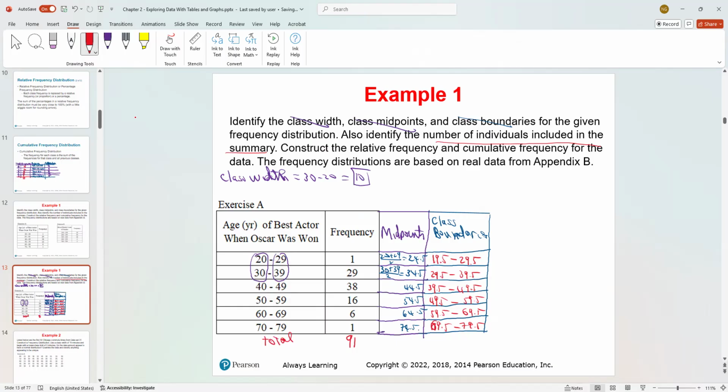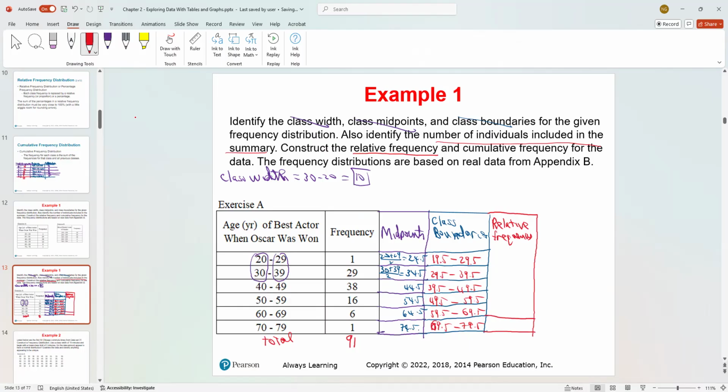Now, it's very important to use that total to construct the next column because they ask you to include the relative frequency. So relative frequency, as I said in those tables, is when you convert every frequency to a decimal.